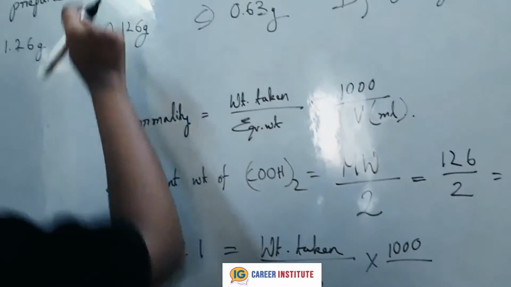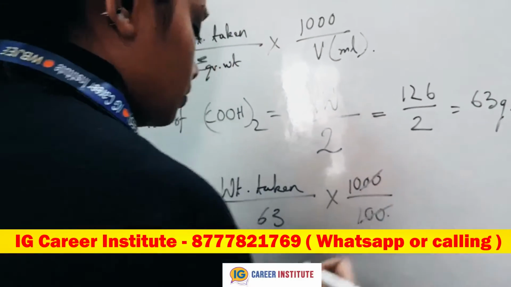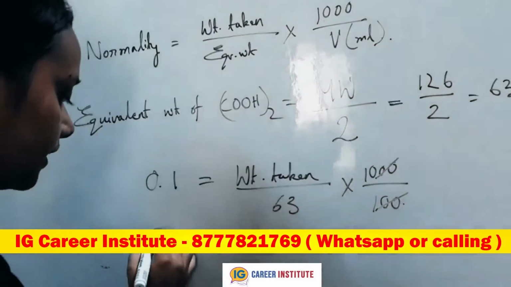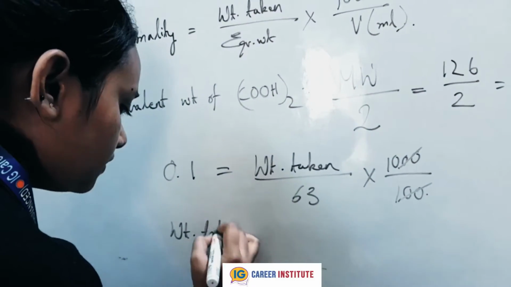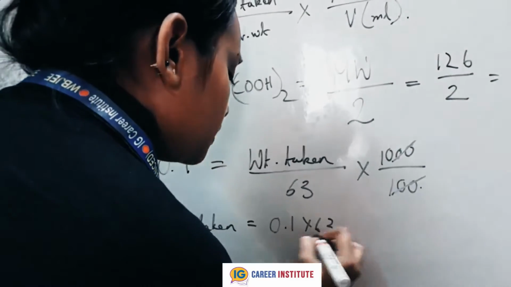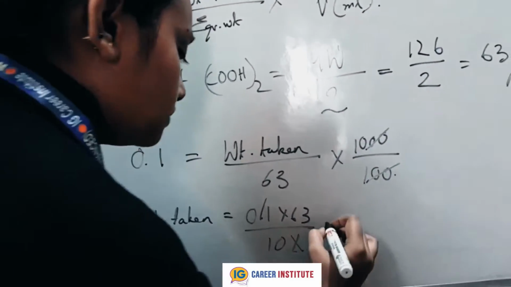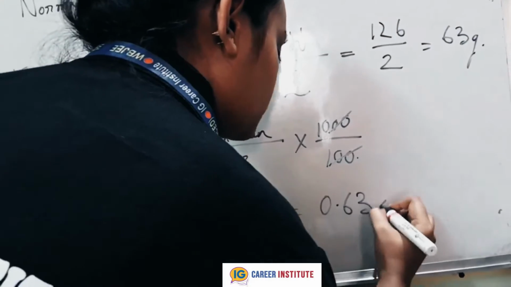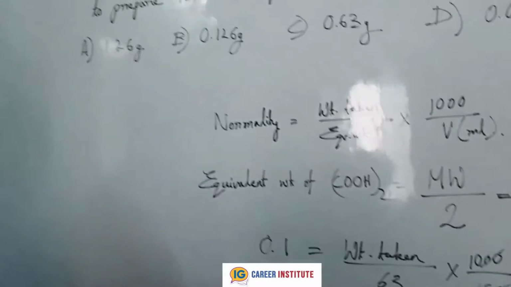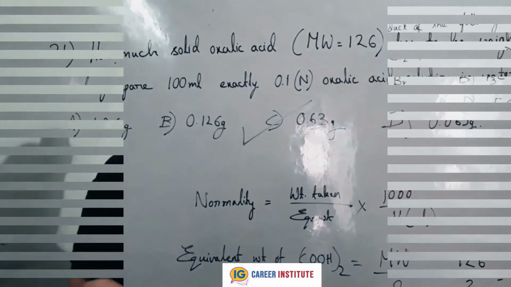Now what is the volume given? 100 ml. So 2 zeros will cancel out, and let's put this weight taken on the left hand side. That will come out as 0.1 into 63 divided by 10. If I move this decimal place, it will be 100. So the answer will come out as 0.63 gram, which is our option C. So C is the correct option.